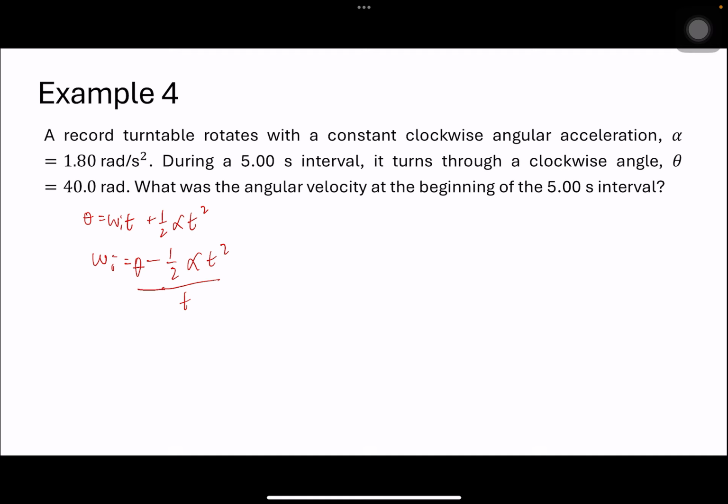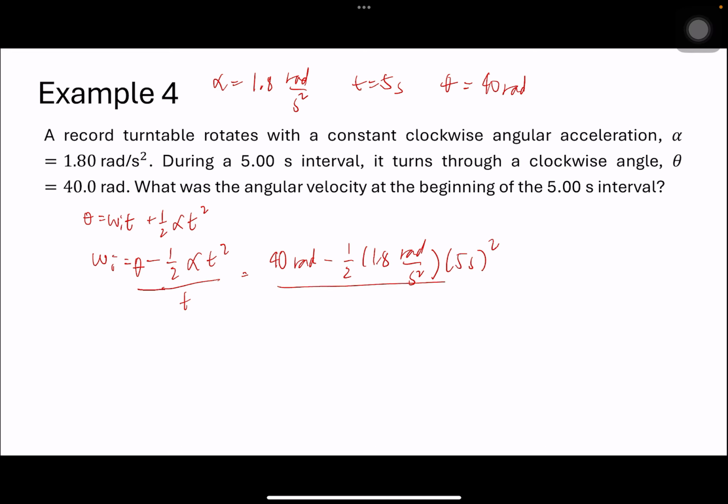So we write down the given first. Your acceleration is 1.8 radians per second squared. Time is 5 seconds. Angular displacement is 40 radians. There we go, I think that completes our variables. You can substitute: 40 radians minus 1/2 times acceleration 1.8 radians per second squared, time is 5 seconds squared, all over 5 seconds.